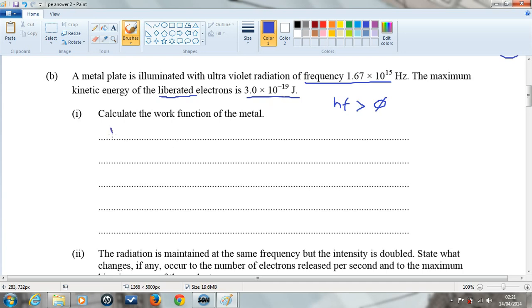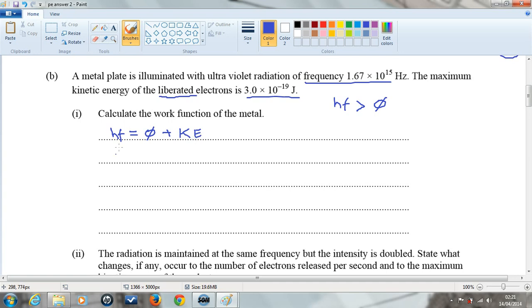So, the energy of my photon is going to equal, if it's been successful in releasing photoelectrons, the work function of my material, and any extra energy left will manifest itself in the kinetic energy of my electrons that have been released.